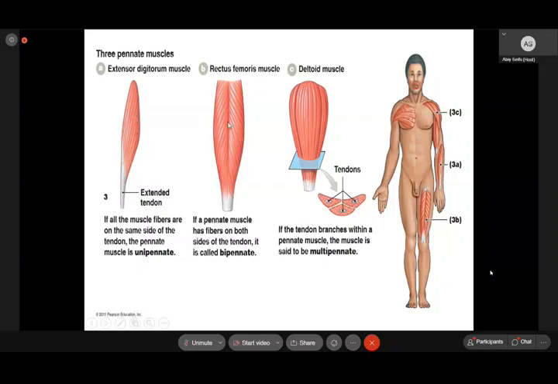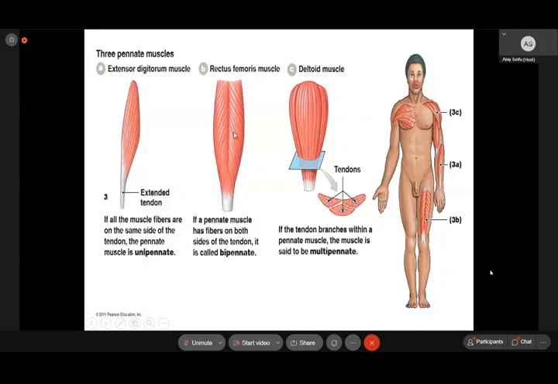A bipinnate is the rectus femoris muscle, which is found on the anterior thigh region, an extensor of the knee joint and flexor of the hip joint.